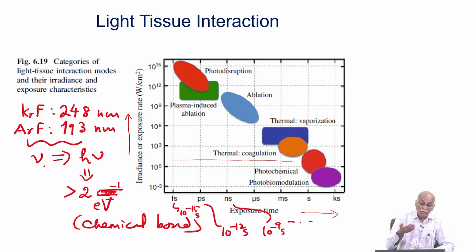It can be used with certain drugs which can generate oxygen, and that oxygen in turn will act as a toxic agent and selectively remove some of those cells. We will see that example as well.